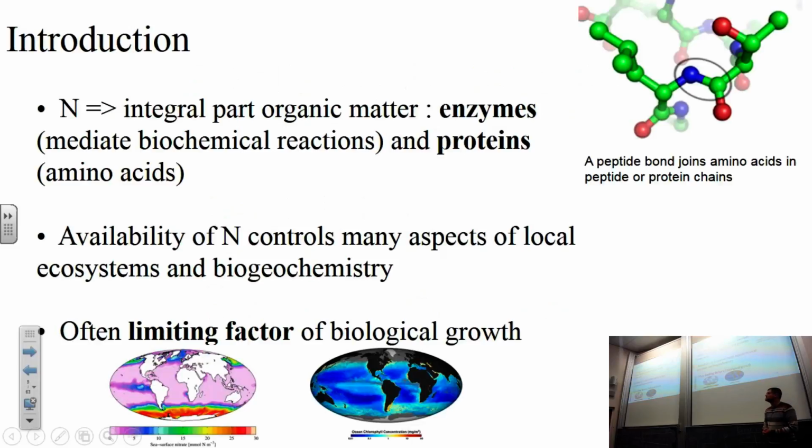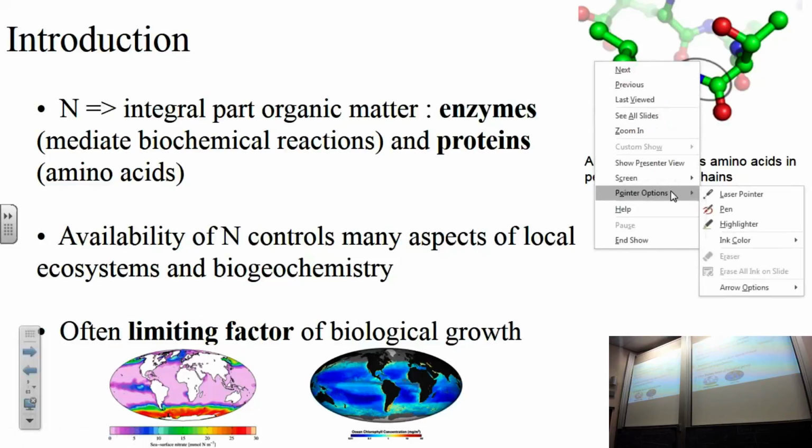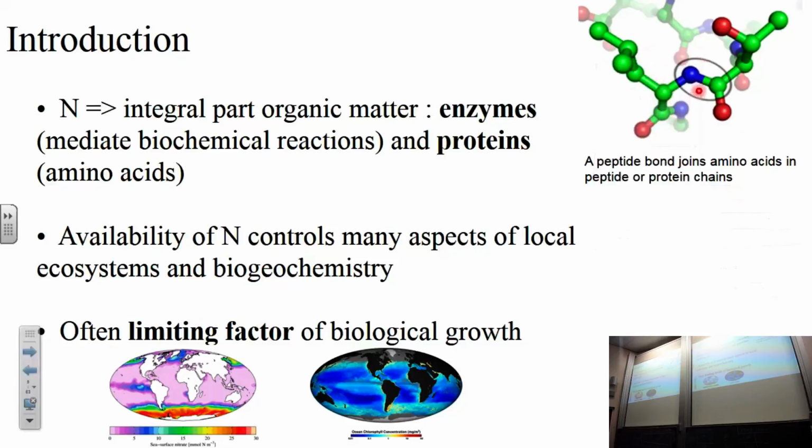Okay, so nitrogen is critical for life. So without nitrogen, we can't have things like amino acids. It means we can't have DNA. So as an example, this bond here basically is joining two amino acids together into a peptide chain to make a protein.